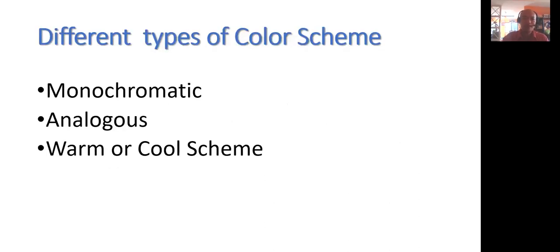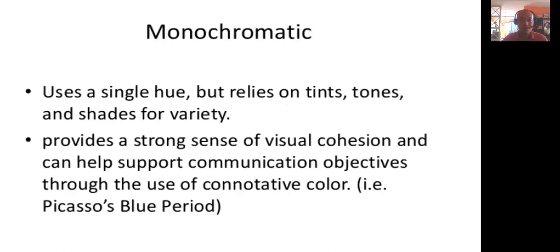Okay, so we have different types of color schemes. We have what we call the monochromatic, analogous, or the warm and cool scheme. So what are these? We say monochromatic, it uses a single hue, but relies on tints or tones. When we say tints, these are the effects of adding a white color on a particular hue.